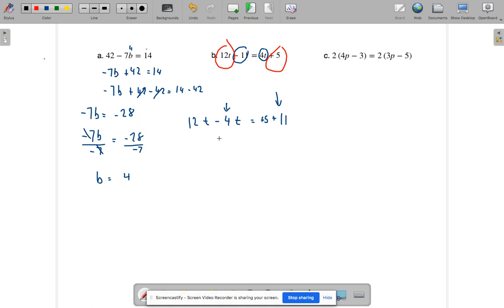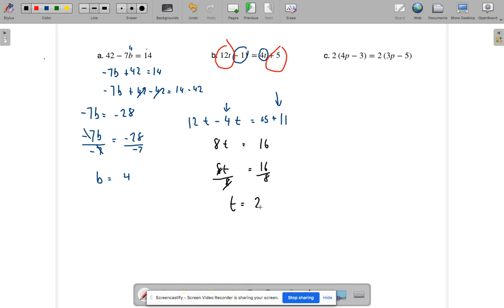Right, so moving on, now it becomes a bit easier because we've got 12t minus 4t, which is 8t, equals positive 5 plus 11, which is 16. We can then divide both sides by 8. That'll be 16 divided by 8 on the right-hand side. The 8s cancel, and I'm left with t equals 2.